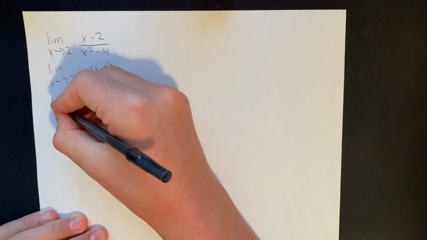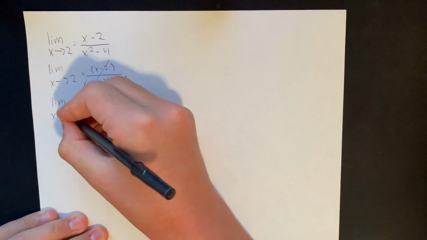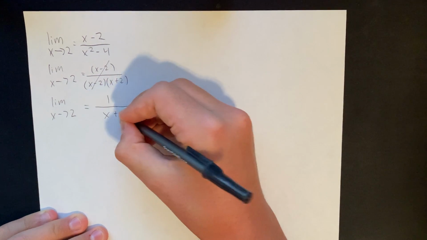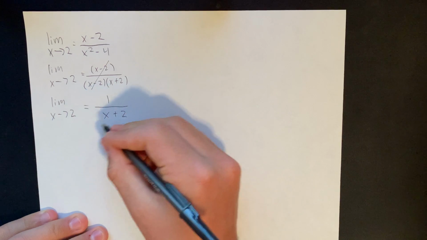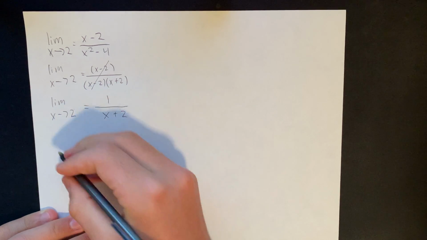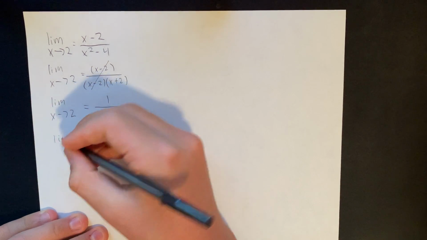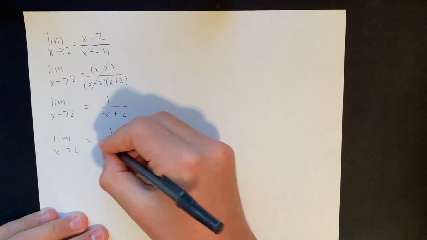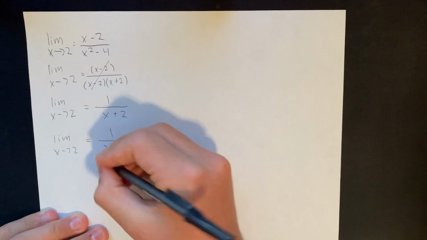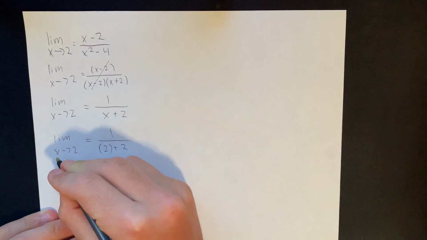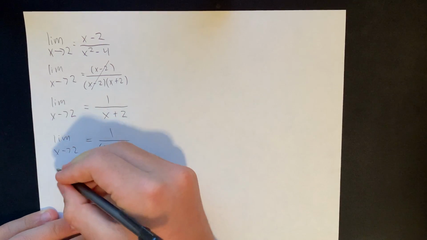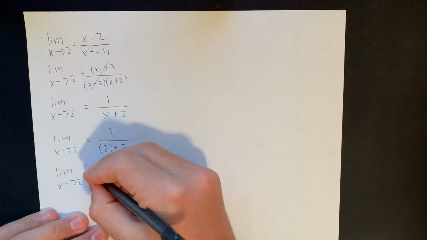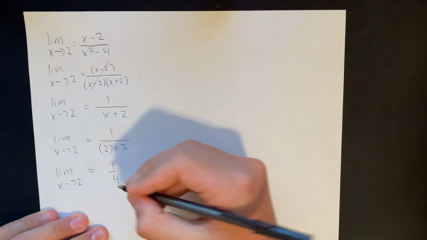And that'll allow you to simplify the limit into this. And we can substitute the same thing to find the eventual limit value. I just substituted this x into here to find the limit. So the limit of x at 2 will be 1/4.